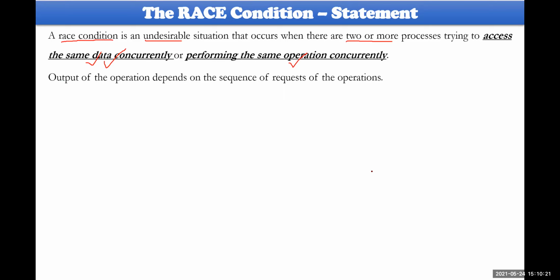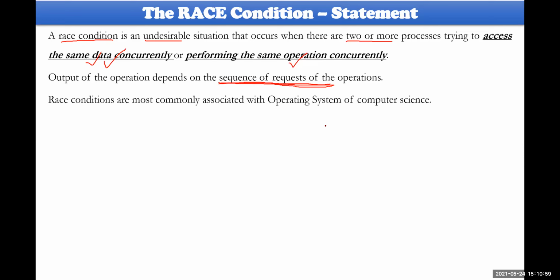The output of this operation, whether the data is accessed concurrently or the operations are, will always depend on how the requests have been made by the processes on this specific data item. That is very important. The sequence of operations performed by the particular process is very, very important while applying this race condition.